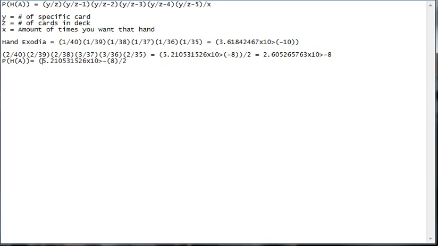And if you want to figure out the times 2, divided by 2, you can.